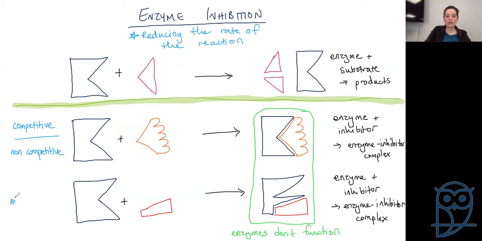This one is always non-competitive, because there's not equal footing between the substrate and the inhibitor. Okay, so reversibility again, either of these could be reversible or irreversible, depending if we've got temporary or permanent bonds.